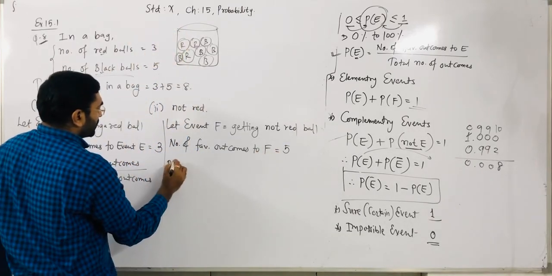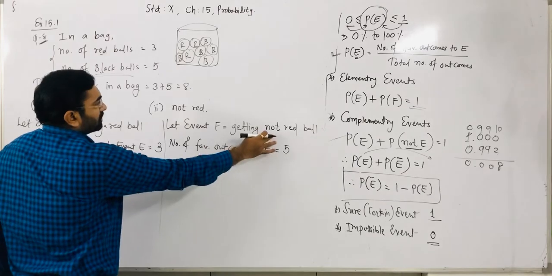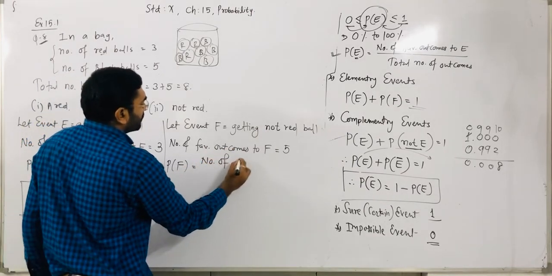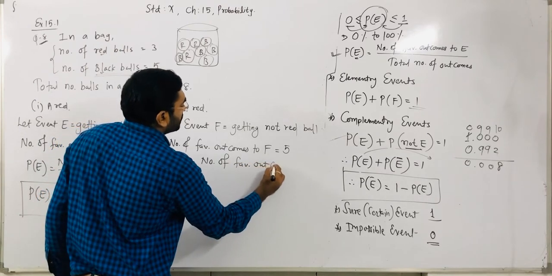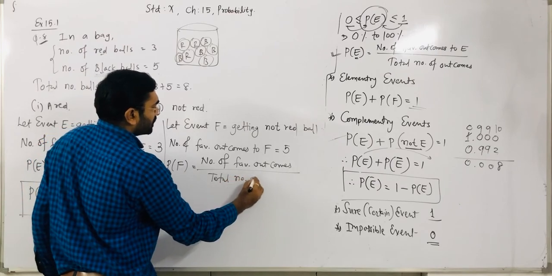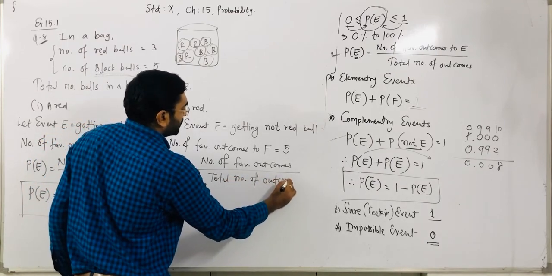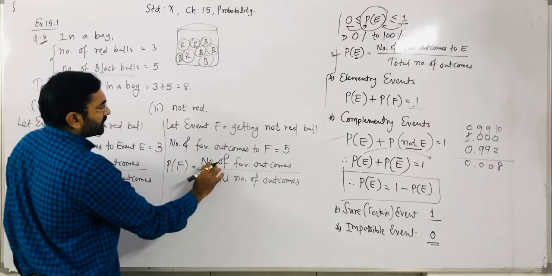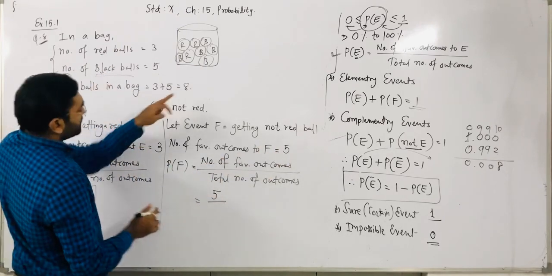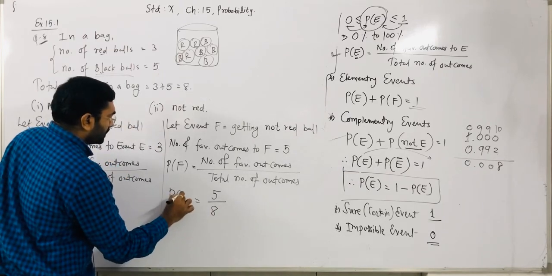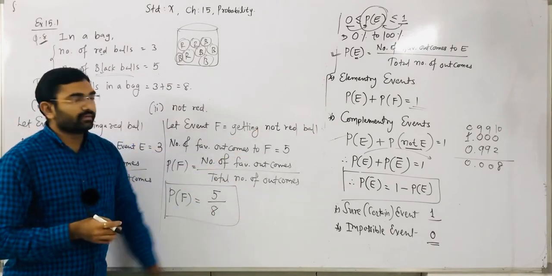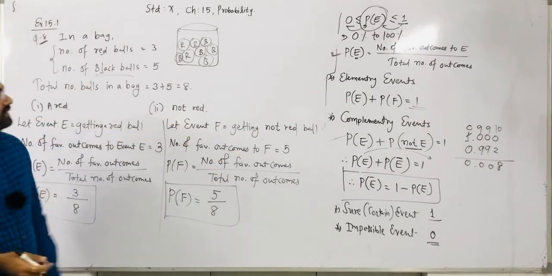So the probability of event F, not a red ball, is represented by number of favorable outcomes upon total number of outcomes, in which the number of favorable outcomes is 5 and the total number of outcomes is 8. So this is the probability of the event of getting a not red ball. Okay, that we can solve.